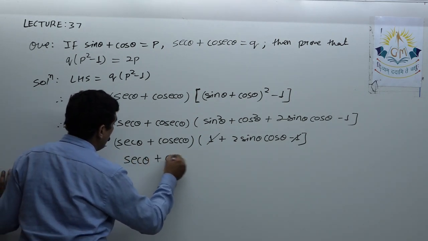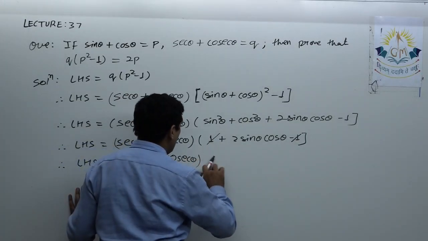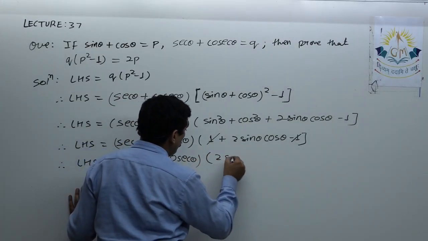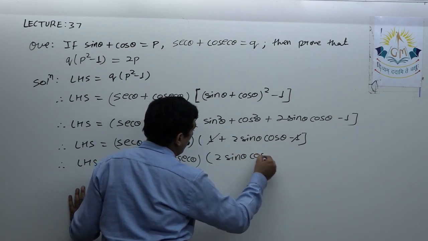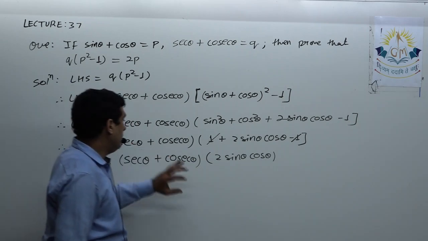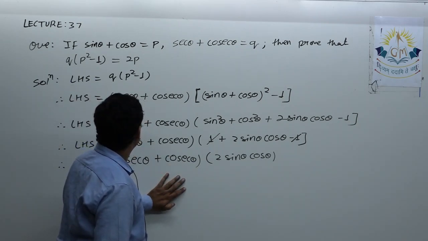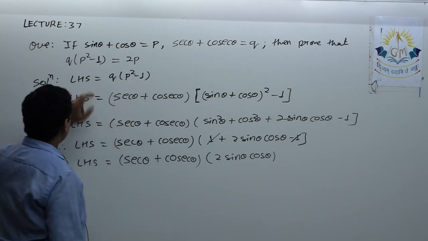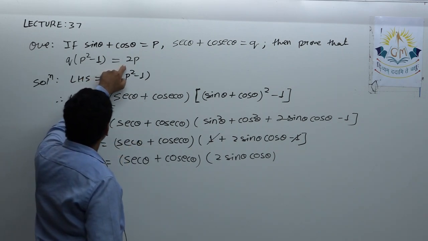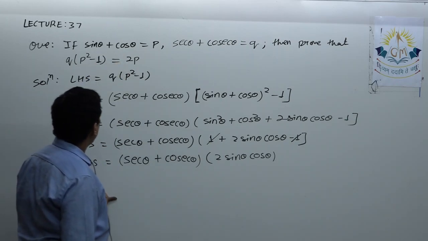So this is the simplified form of the left hand side. Now according to the question, we have to prove this is twice of p.